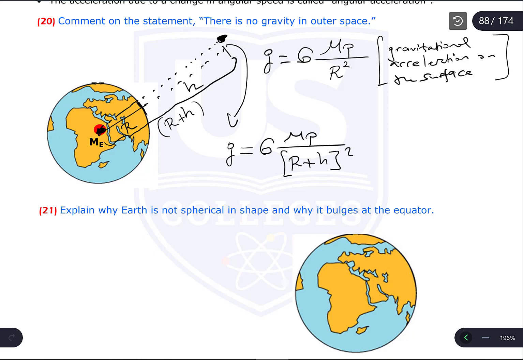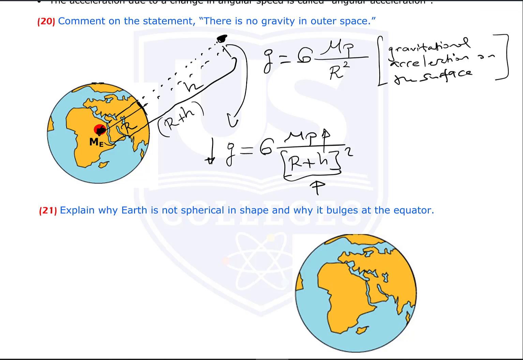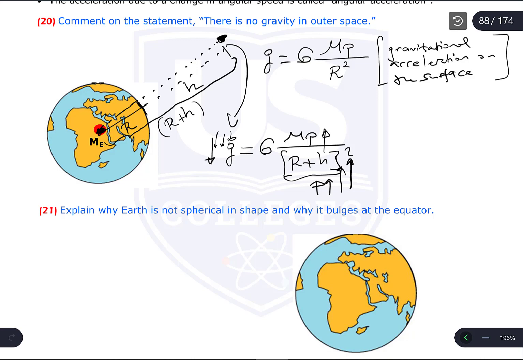Because h is very big for outer space, the denominator increases, so gravitational field strength will decrease. As you go farther and farther, the denominator increases more and more, gravitational field strength decreases more and more, and finally gravitational field strength approaches 0.